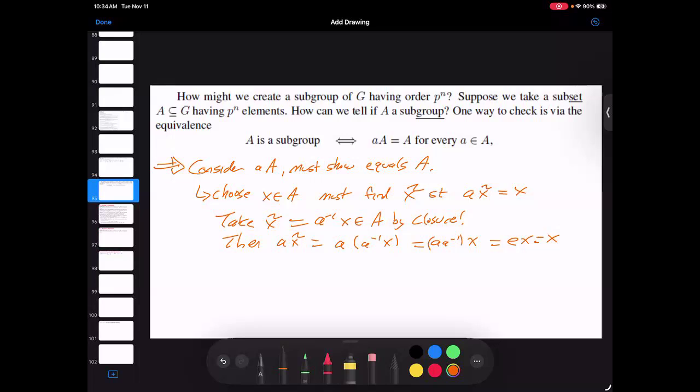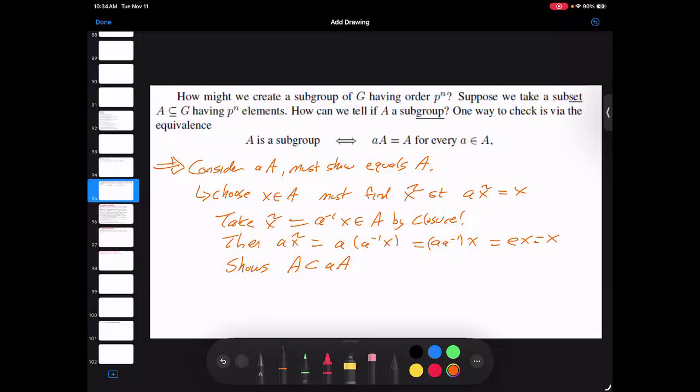Have we shown that the two sets are equal? So this shows A is contained in a times A. We just showed you give me anything in capital A, and I can write it as little a times something in big A. But that's not the same as showing that they're equal.